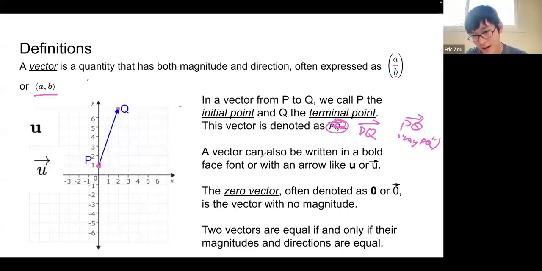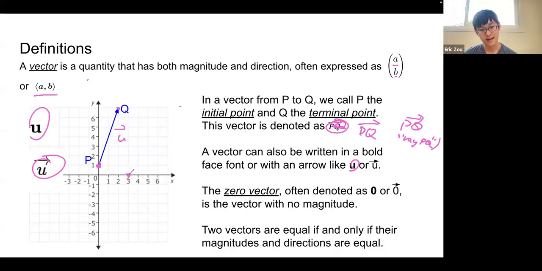A vector is usually written in a bold face font, or with an arrow like u. So I can label this as vector u. The zero vector is the vector with nothing, so I can't even draw it.